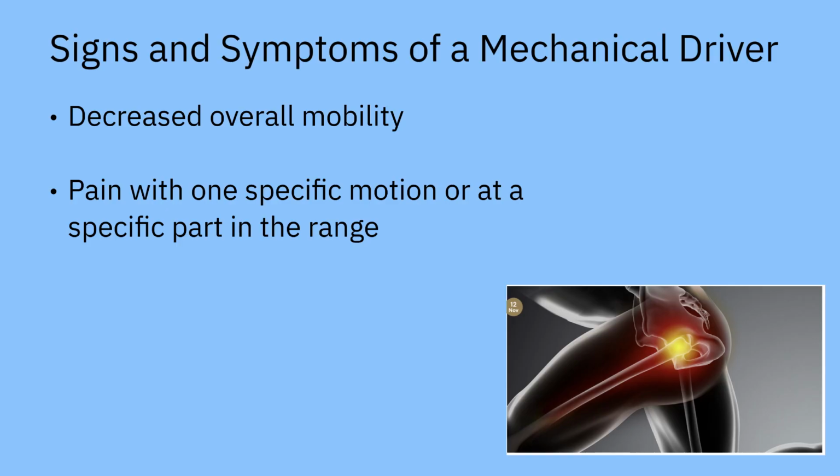The rest of the range of motion might feel okay, but when you get to just this one arc of movement, that's when you feel your symptoms come on. A lot of times, people will feel tight or tense, and there are reasons for that. But when that decreased overall mobility is impacting how well we're moving for our activities, that's when it can be driven from the mechanics of our system.